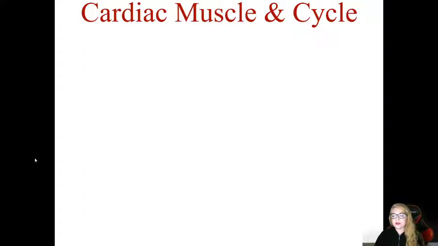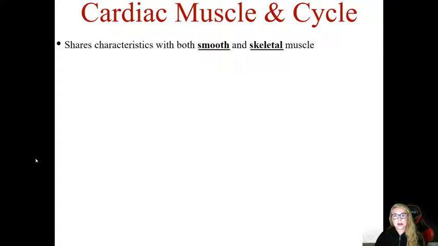So let's get started. First off, cardiac muscle is just one type of muscle. Remember, we have skeletal and we have smooth muscle, and we've talked about both of those already in different units. But the cardiac muscle shares characteristics with both of these. For one, it is striated.